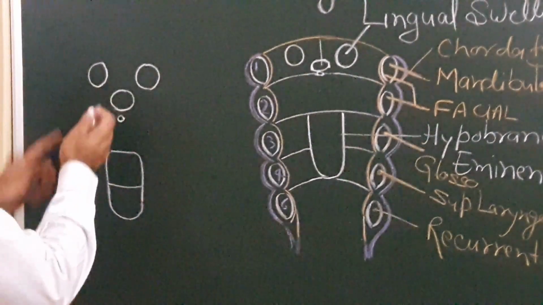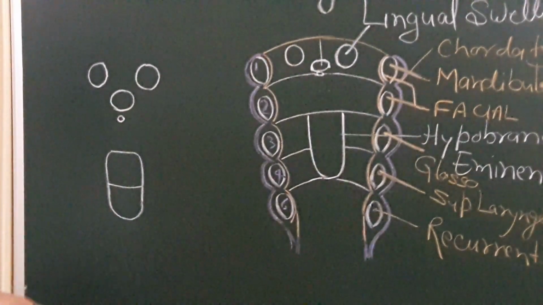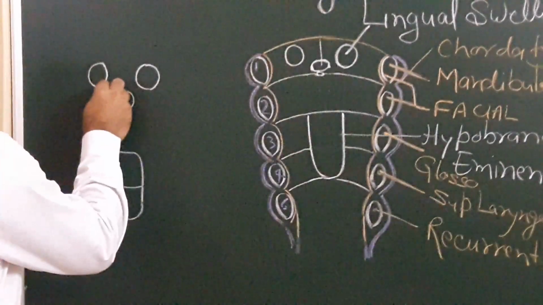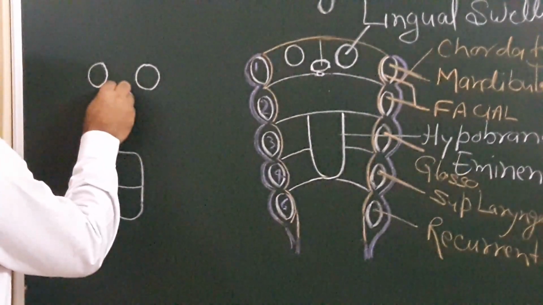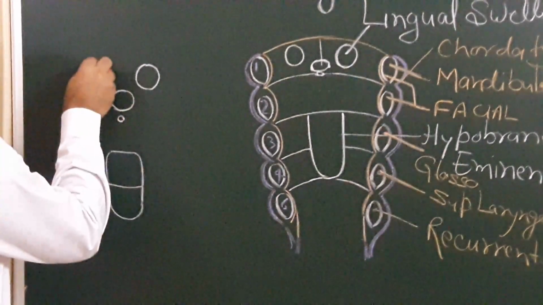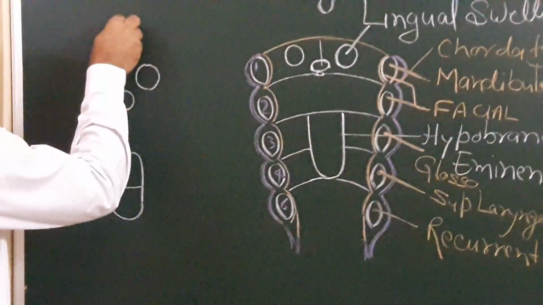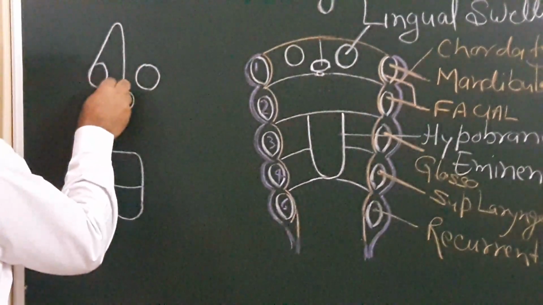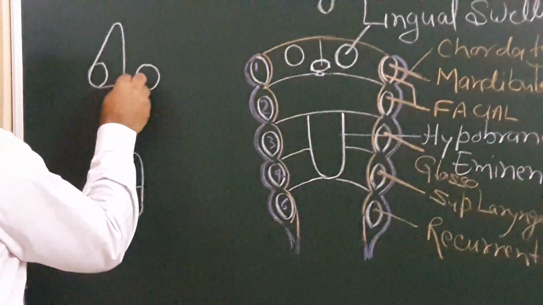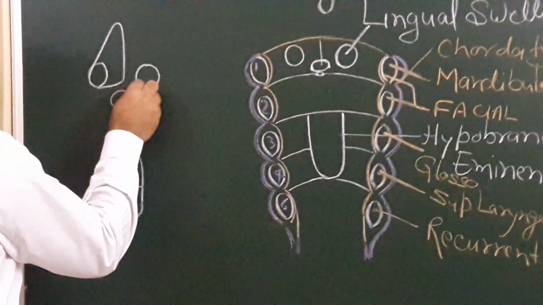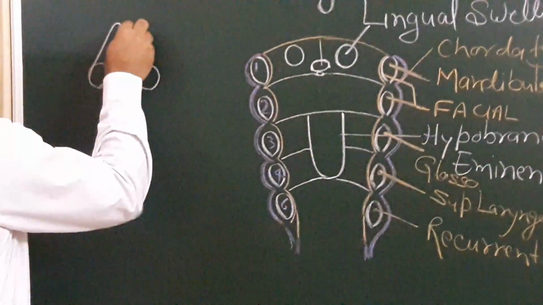Now these structures gradually enlarge. This becomes enlarged and forms like this, and here this structure becomes enlarged and becomes like this.